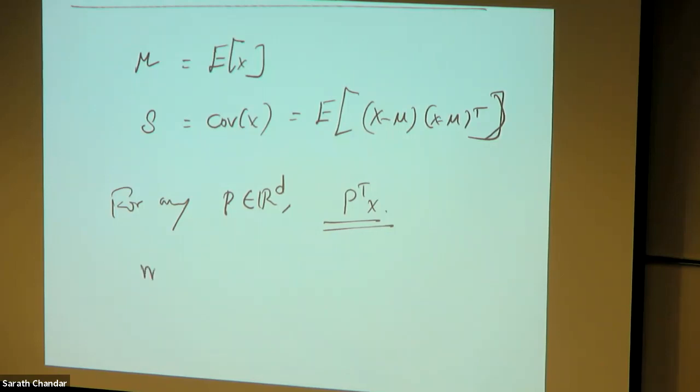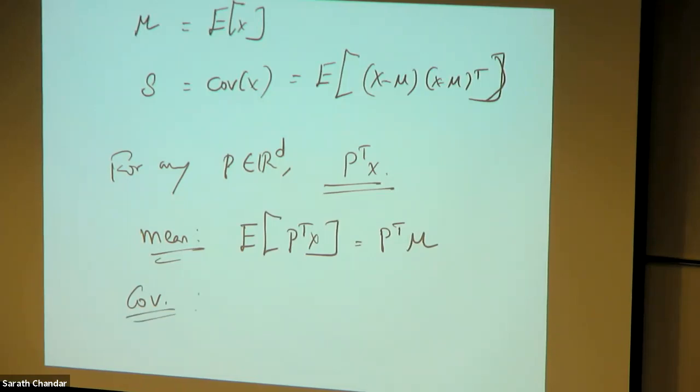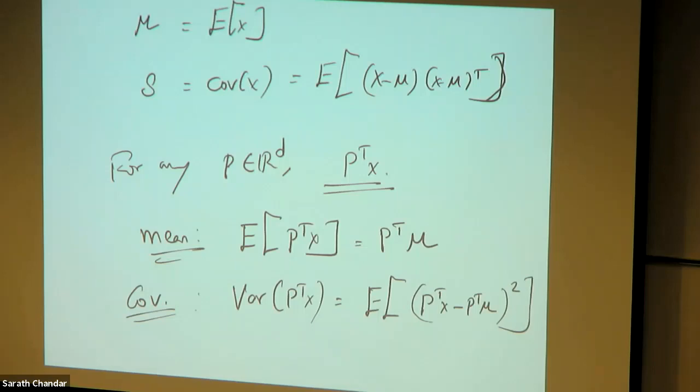The mean of this projected data is given by the expected value of P transpose X, which is P transpose times the expected value of X, which is just mu. Similarly, the variance of P transpose X is given by the expected value of (P transpose X minus P transpose mu) the whole square.